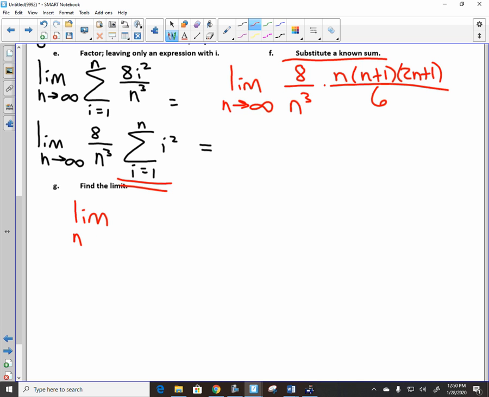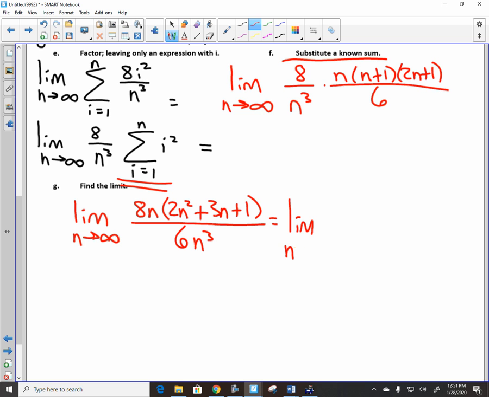The limit as n goes to infinity of, let's multiply the top out. I'm going to have an 8n up top there times, I'll FOIL this guy, 2n times n, 2n squared. What am I going to get in the middle? 3n plus 1. What's in the denominator? 6n cubed, equals the limit as n goes to infinity.